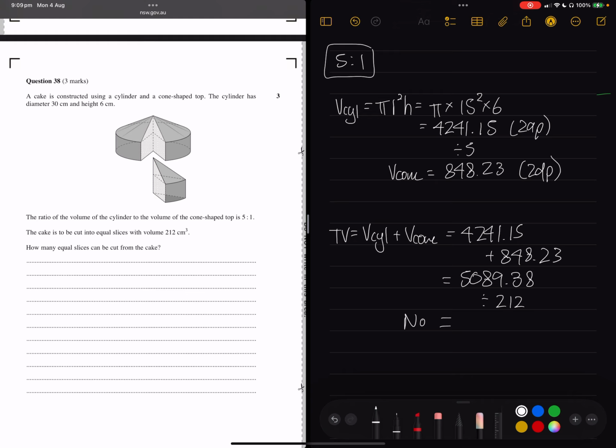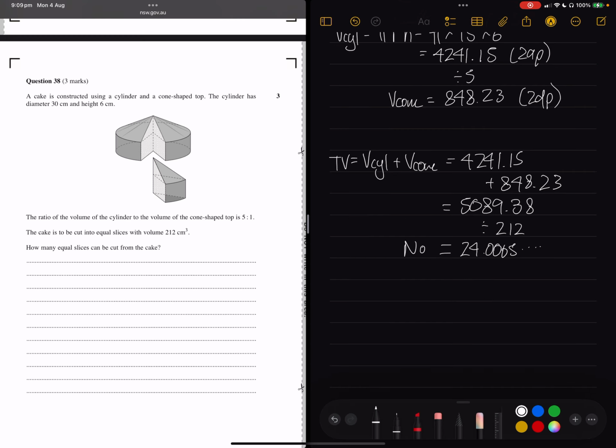My calculator tells me that this is 24.0065... So if the cake is to be cut into equal slices of volume 212, you'll get 24 and a little bit based on this calculation. So the full number of slices is actually 24. And this is the solution to this question.